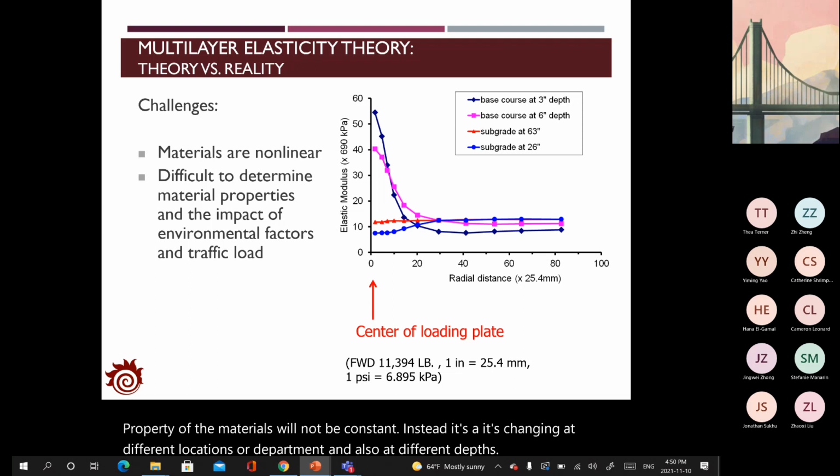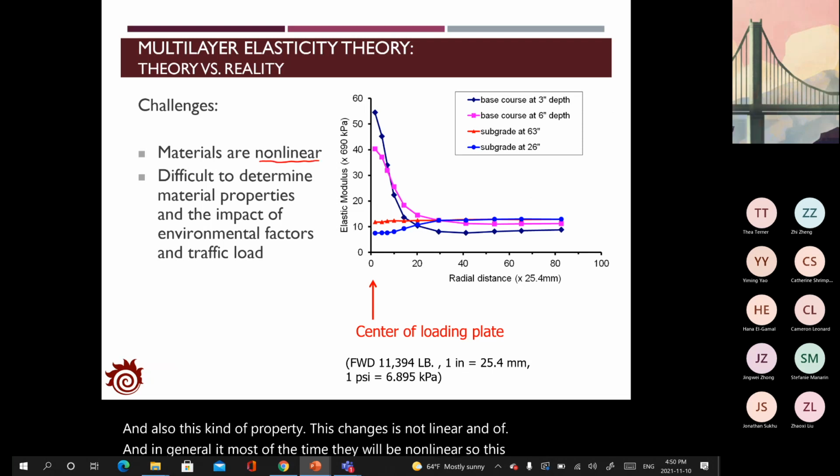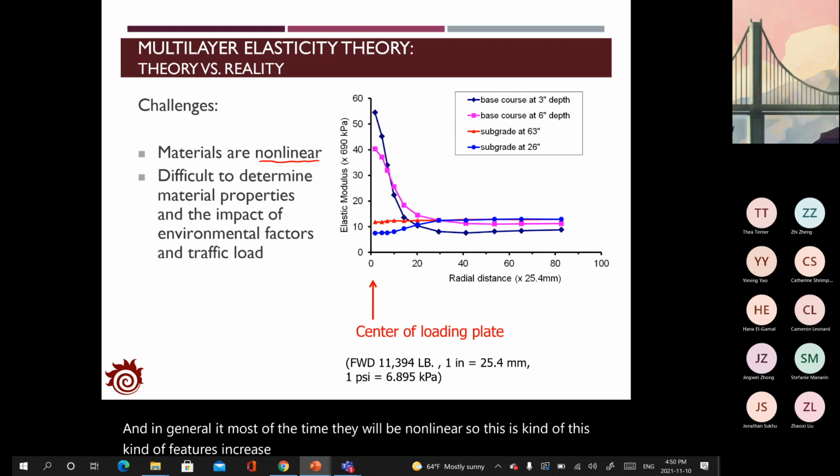And also these changes are not linear. In general, most of the time they will be non-linear. So this kind of feature increases the difficulty for us to find out the true mechanics of the pavement under different loadings.